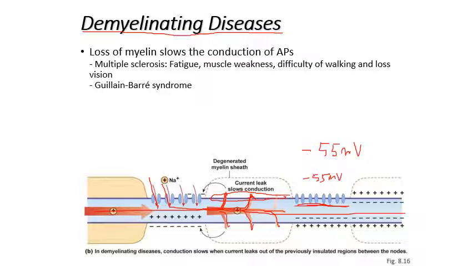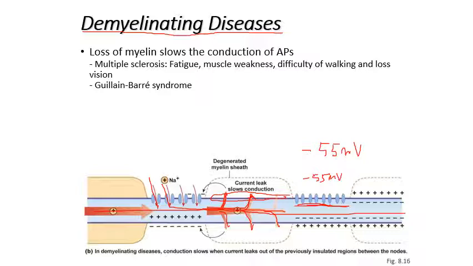Many times it affects vision, so this would only affect those neurons that are myelinated. Some of your highly myelinated axons are those that control your muscles. Your muscles are served by these long axons, so they have to be myelinated, and so you get muscle weakness, difficulty walking, and loss of many of the things that affect the muscle.